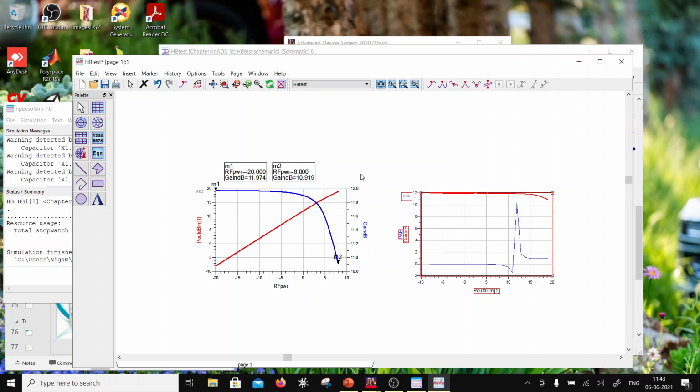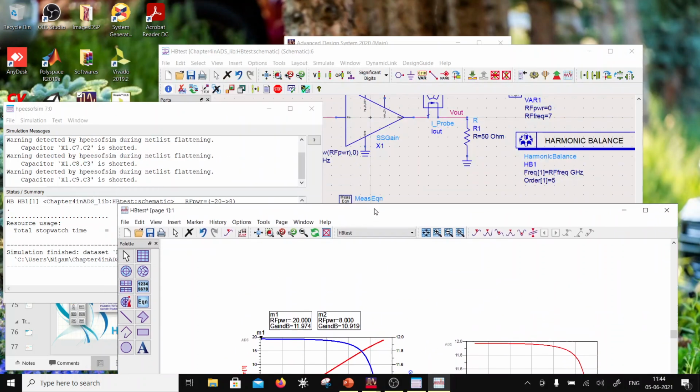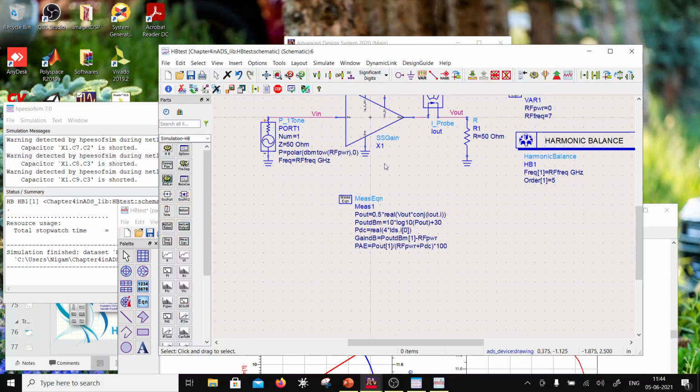Okay, so this number is not making any sense. Okay, so let's see what happened to my efficiency numbers. P out 1 divided by RF power plus PDC. What happened to the DC power? DC power is 4 times IDS times I0.